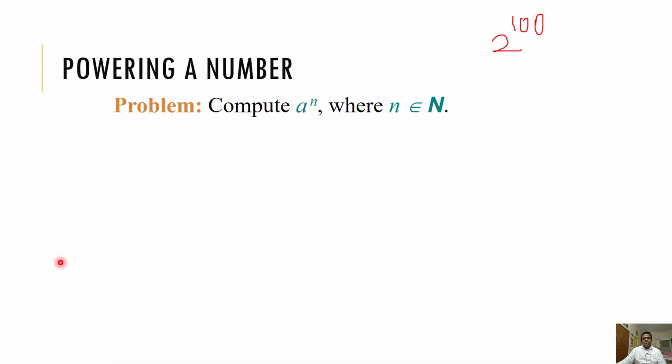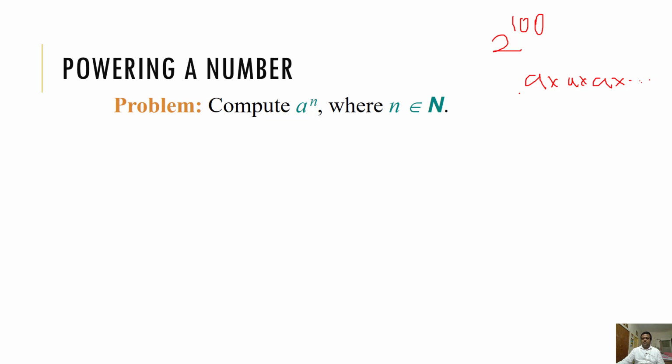The naive approach is that we can keep on multiplying a, so this is basically a multiplied n times, or n minus 1 times. That is the naive way we can do this. So this is order of n, and if we have to code this, it is just a for loop.